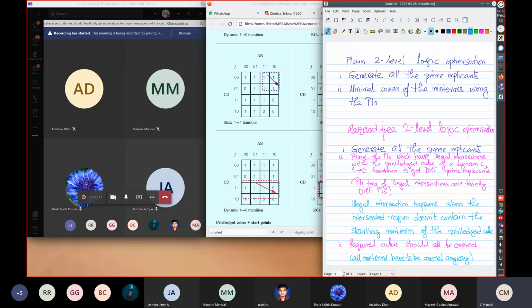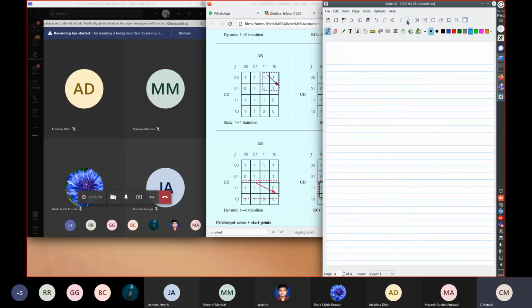Privileged cubes you have already seen the definition of privileged cube for a dynamic transition. This is the open transition, which is defined as this transition cube minus this two. So all these are the privileged cubes.